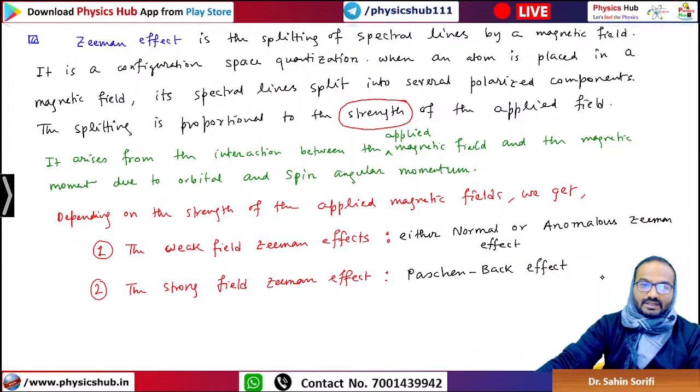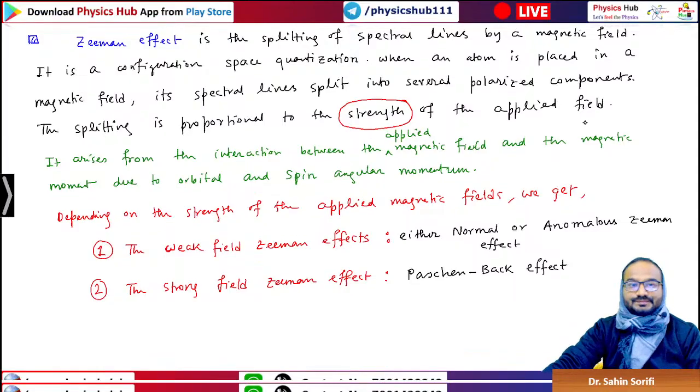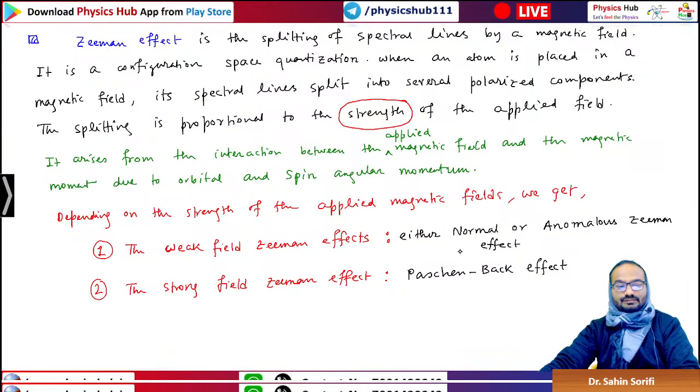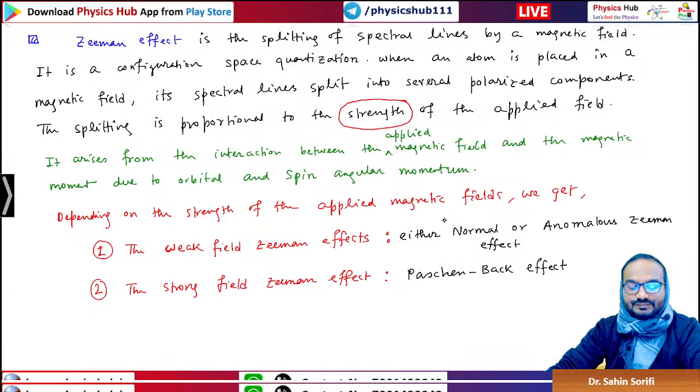Now, let us try to understand this term, splitting into several polarized components. So, the nature of the emitted photons in this case. I hope this is done.